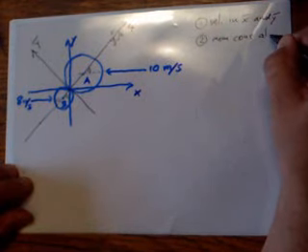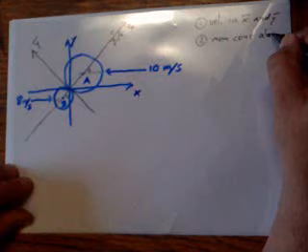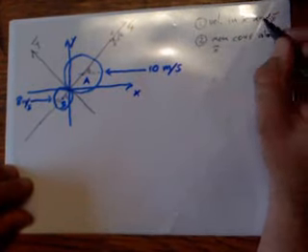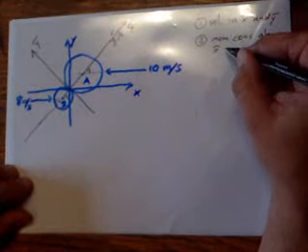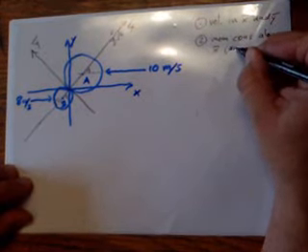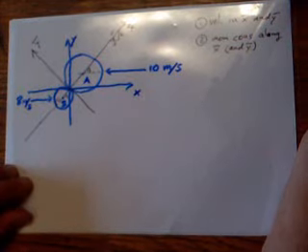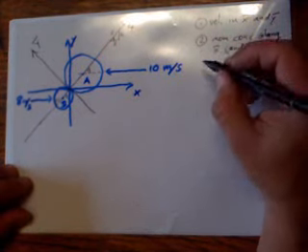Along which direction? Well, along the x bar direction, and also y bar, but y bar is going to be easy because there's no force acting along the y bar, so the initial and the final velocity along the y bar direction are going to be the same.